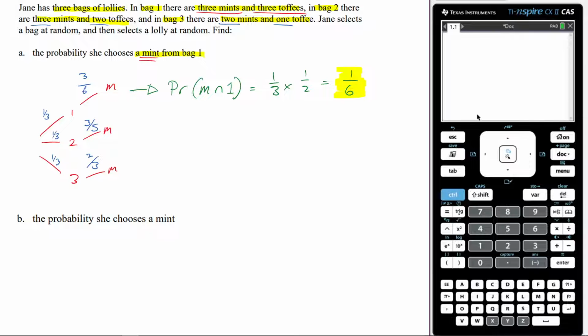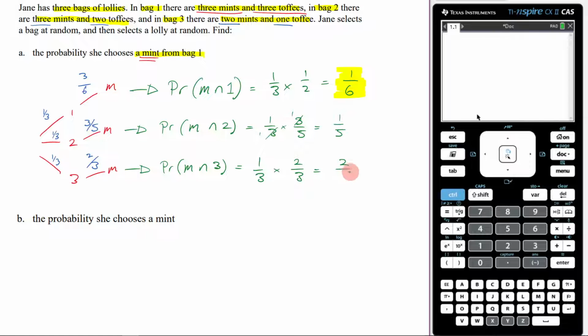So therefore, if I want to figure out the probability of mint intersection bag 2, it's going to be 1/3 times 3 on 5. And now this is where you should always cancel, because this will cancel with that, leaving me with 1 on 5. And if I want to figure out this one, the probability of mint intersection bag 3, this would be 1/3 times 2/3, which is going to be 2 on 9.